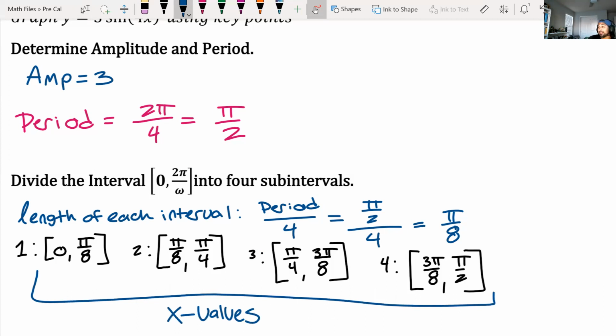To show that you got your intervals correct, the last part of your fourth subinterval should match the actual period of your trig function. This is pi over 2, and that is pi over 2. If those match up, you're good. If those don't match up, you must check your work.